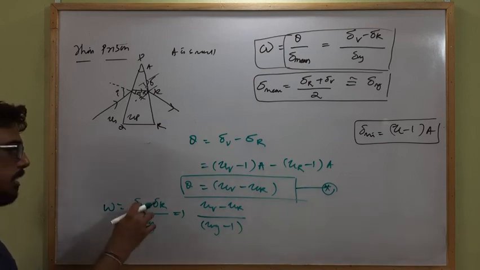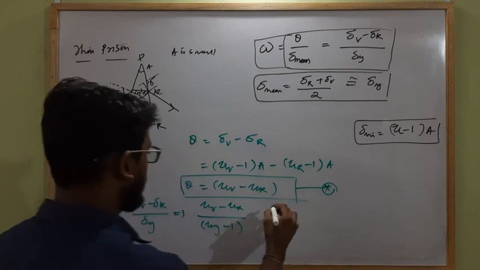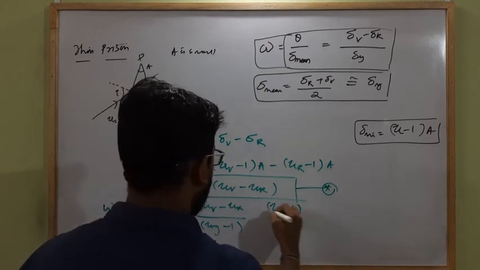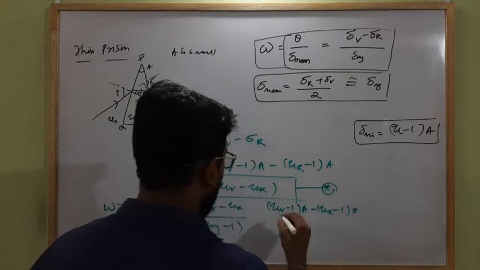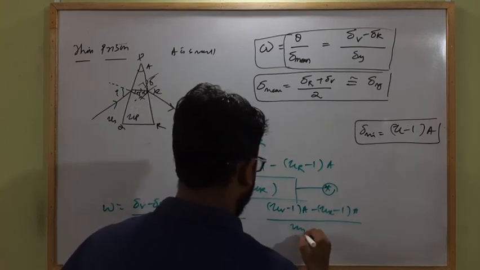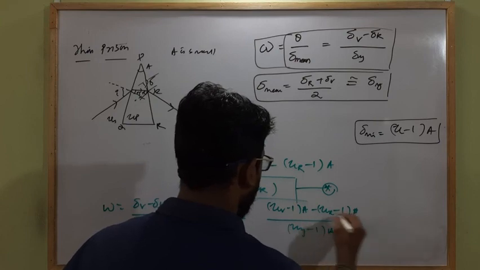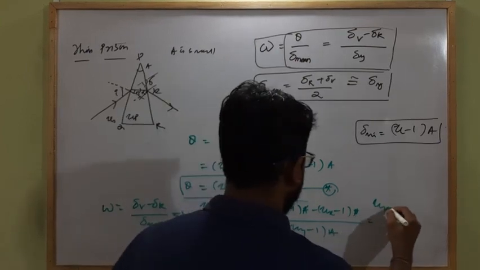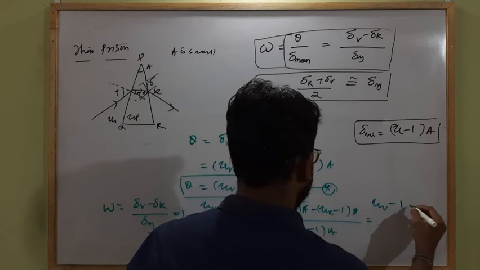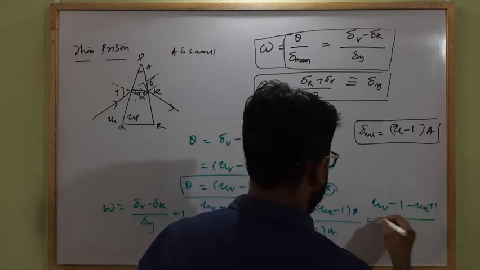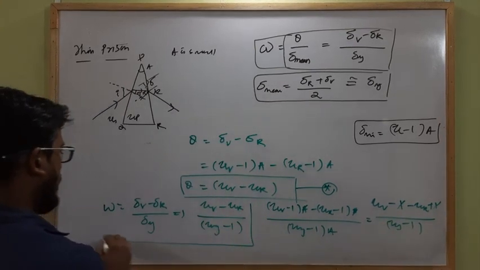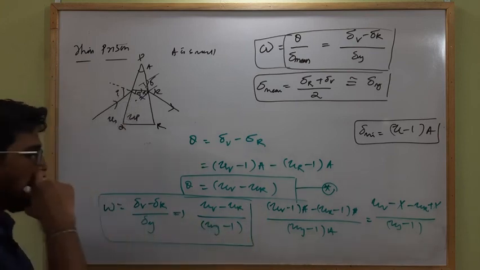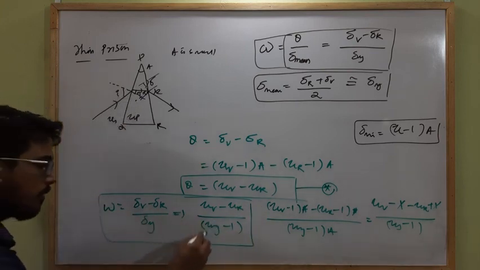Or this can be mu V minus 1 into A minus mu R minus 1 into A, divided by mu Y minus 1 into A. A will get cancelled, so this becomes mu V minus 1 minus mu R plus 1 divided by mu Y minus 1, minus 1 and plus 1 get cancelled, and it will be mu V minus mu R by mu Y minus 1. This also represents what? Power of dispersion.